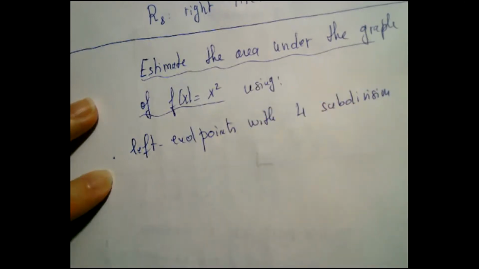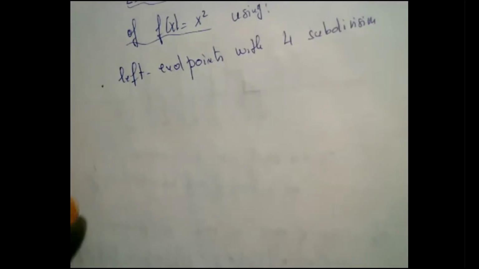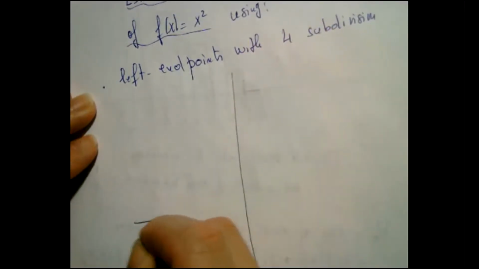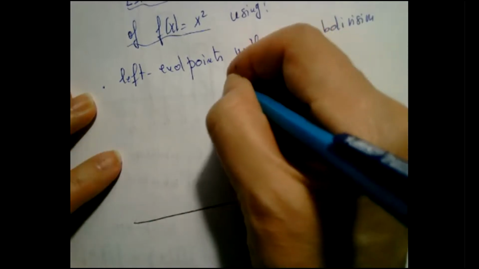Okay, with 4 subdivisions. Now, what's the difference here? The difference is that instead of taking the value of the function at the right point, we take the value of the function at the left point to do the subdivision.